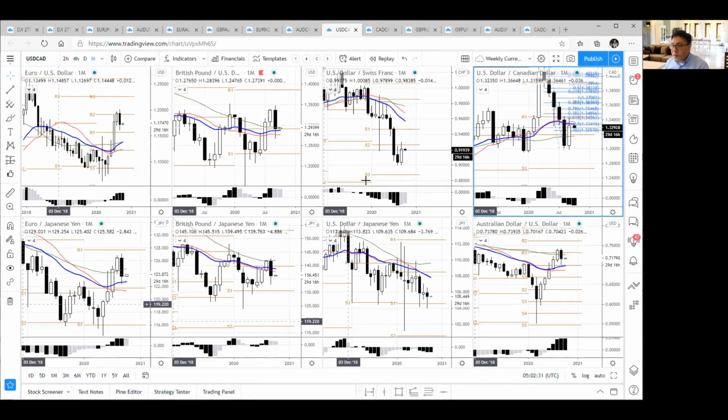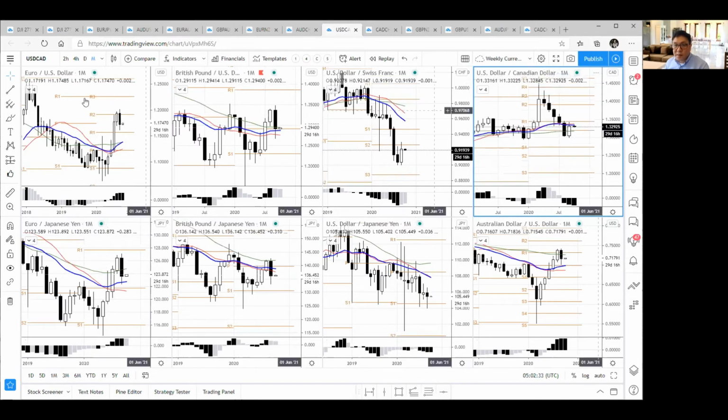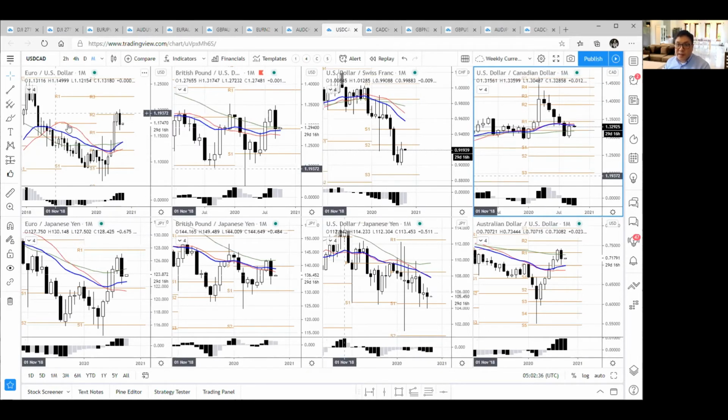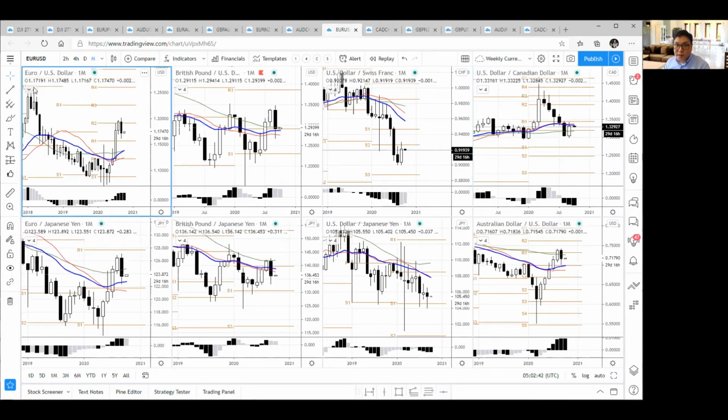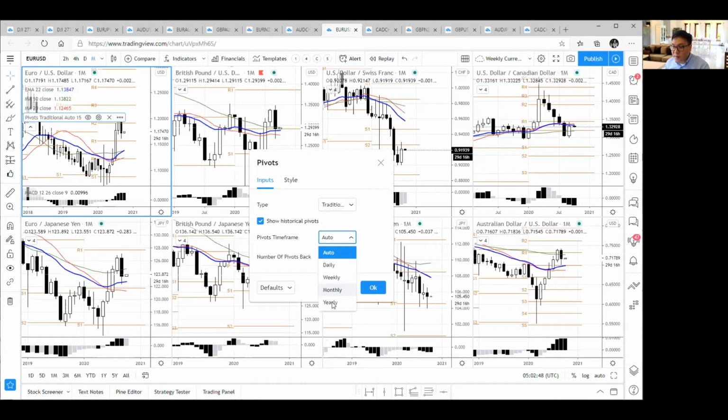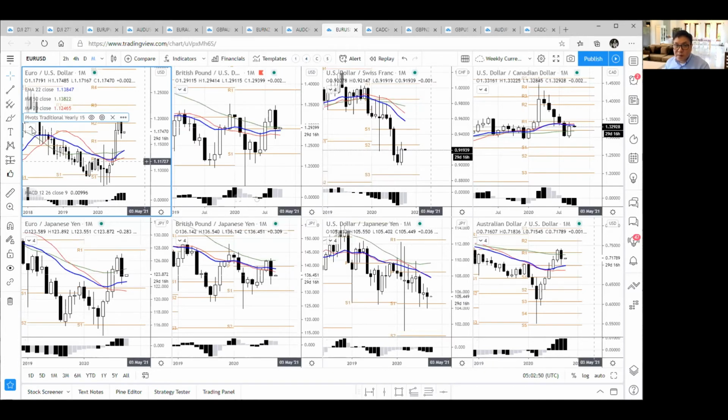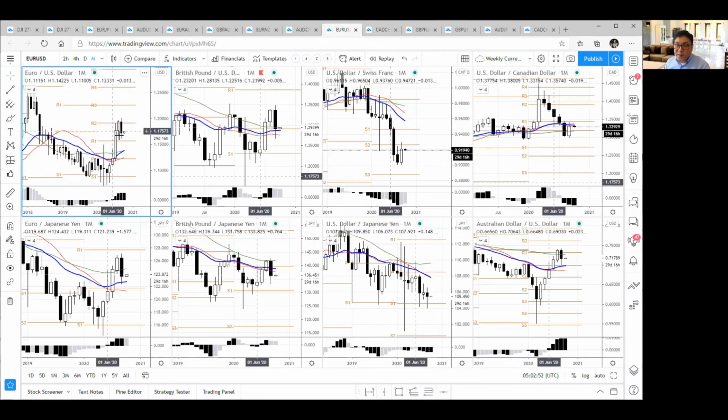Okay, this is how you see it, right? 3 SCF again. Okay, this is monthly, right? You can use the monthly pivot or you can use yearly. Oh, this is auto. It sets to annual, I think. Yeah. So it's better, I mean, if you see noise on the monthly, right?